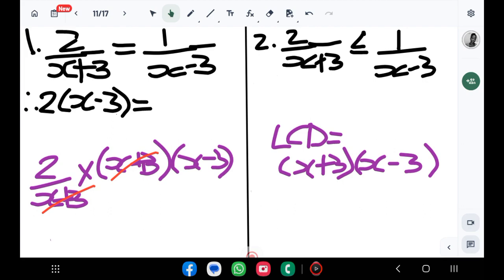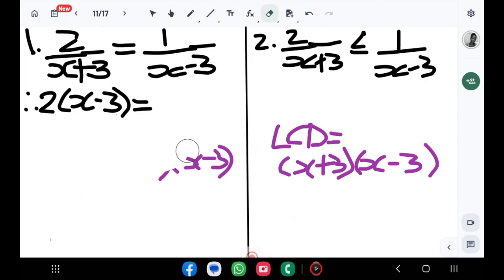You do the same for the right hand side. You don't need to necessarily take everything to the left hand side. It's not necessary with an equation. You can just solve it exactly the way I am solving it. It's much quicker, less of a fuss that way. So now you multiply the fraction on the right hand side with the LCD as well.